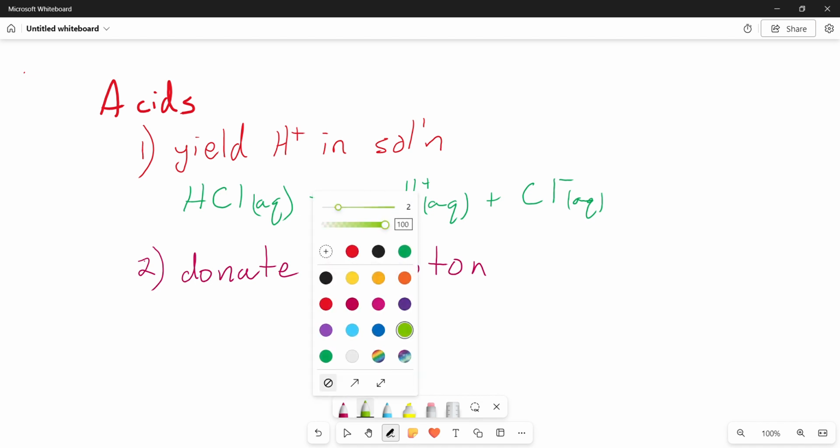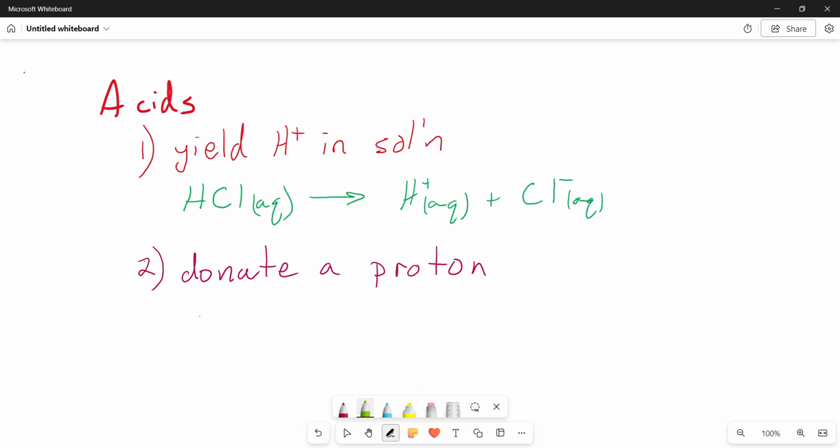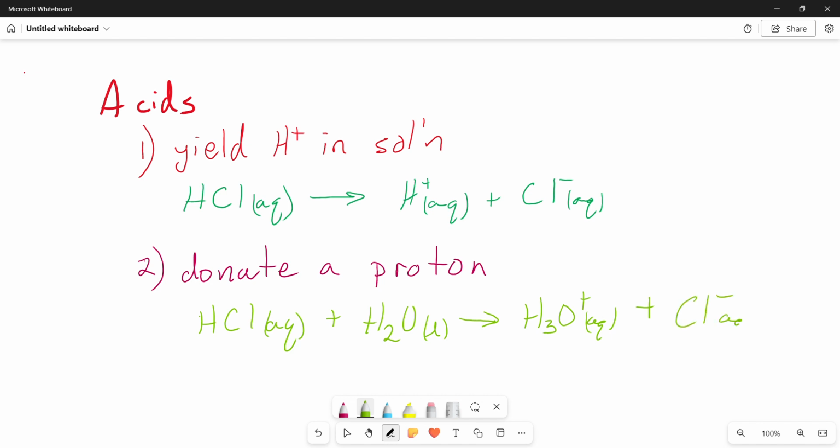And what that means is if we have HCl aqueous plus something like water, when they react, we get this H3O plus aqueous plus Cl minus aqueous.